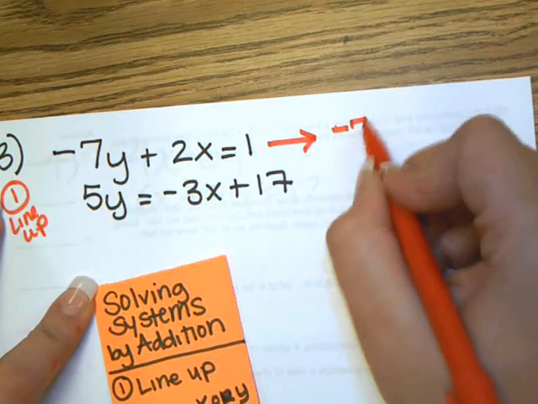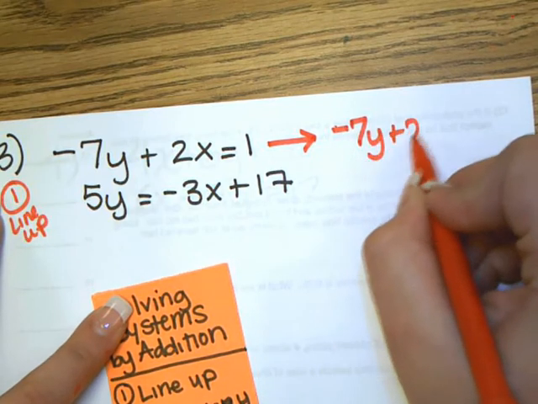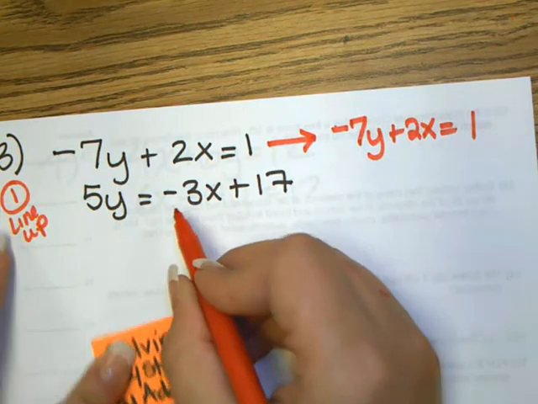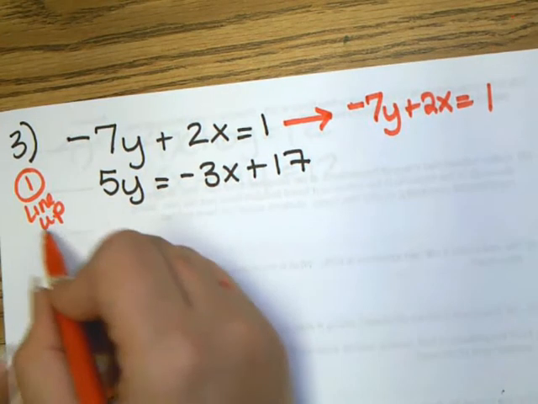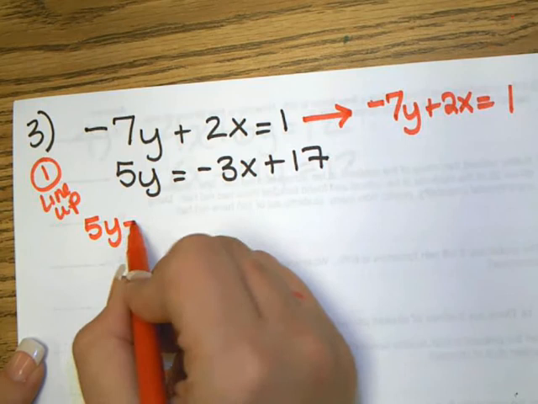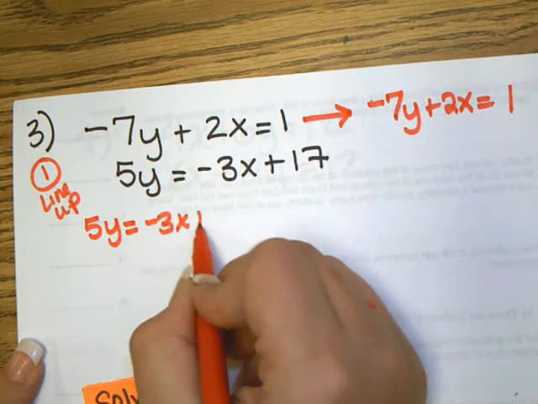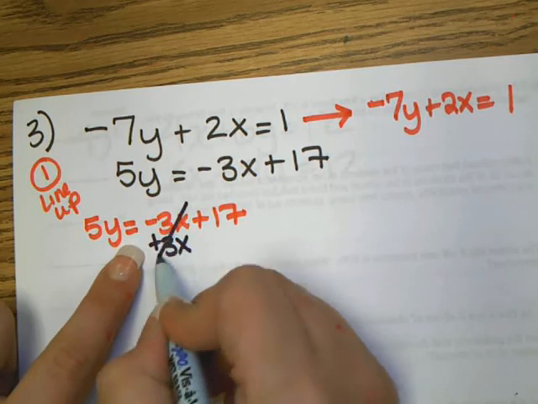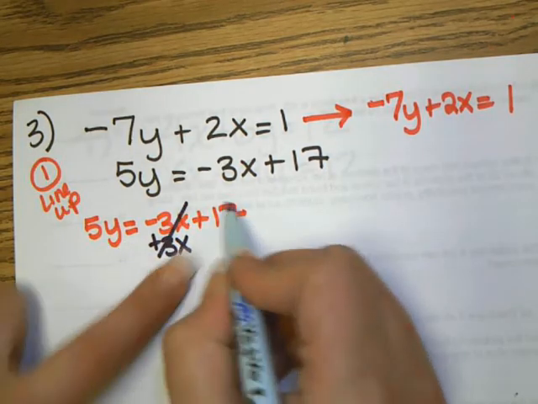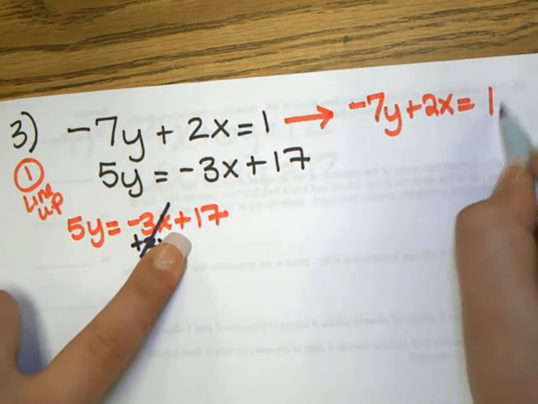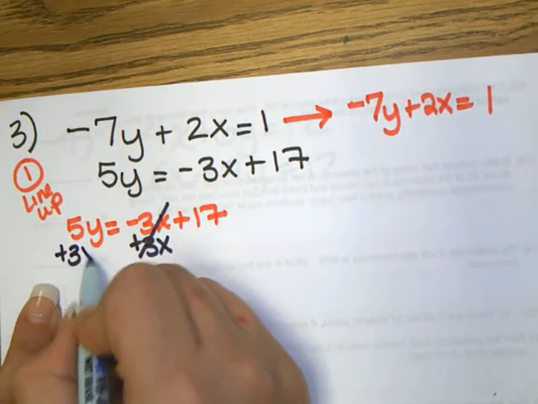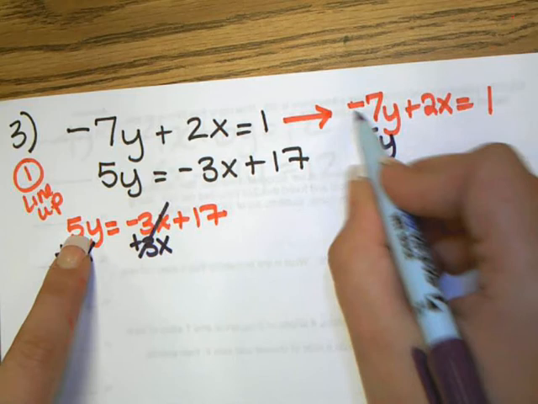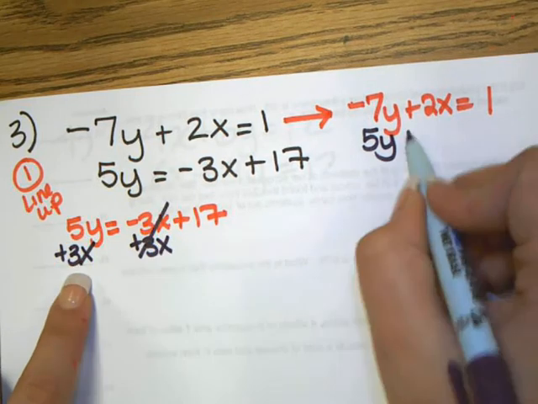So I'm going to pick one of the equations to stay put. I choose the first equation to stay put. I'm going to leave the negative 7y and the 2x on the same side and the constant left alone here. So on this equation here, I'm going to rearrange it by adding 3x to get rid of it on the right side, because I want the constant left alone like it is there, and then I'm going to add 3x here.